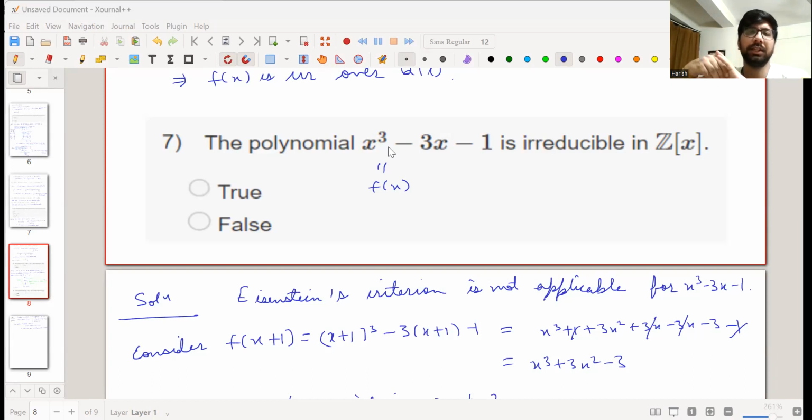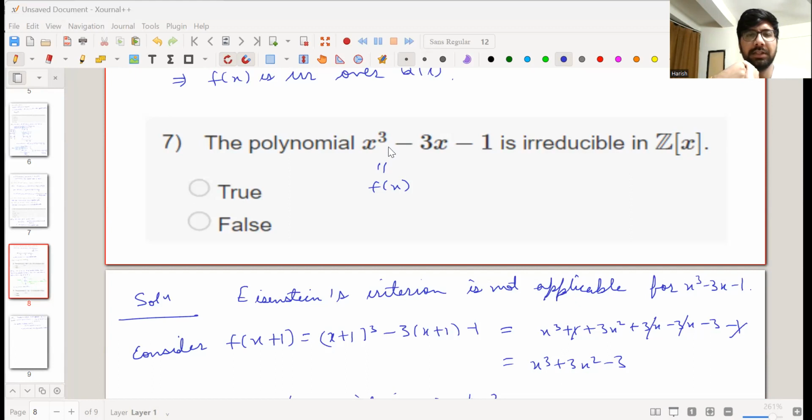Okay, you are saying that if it is reducible in ZX, then it is reducible in Z4X also. And since it is a monic polynomial, it must have a root in Z4, and that means if you apply 0, 1, 2, 3 to this polynomial, it must give 0 for some value, right? If x equal to 0, then it is minus 1.